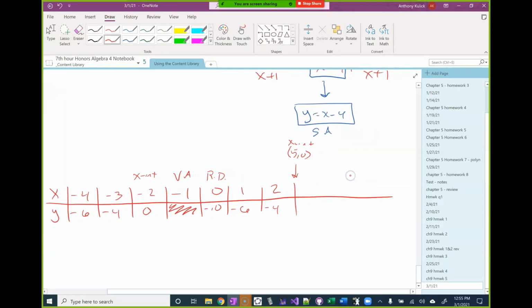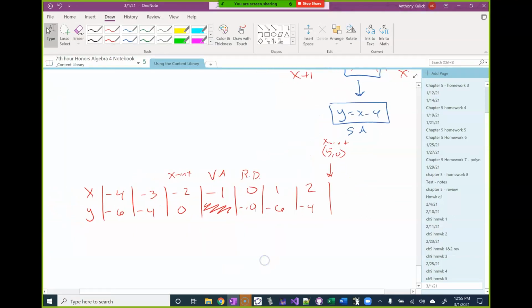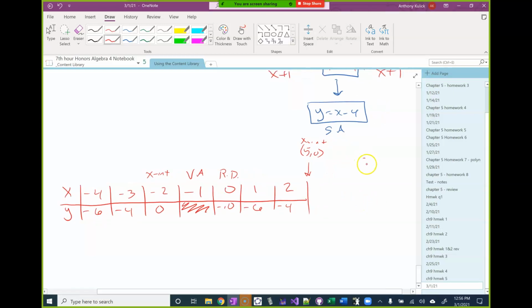But this is not the only XY table I need to make for this situation. What else do I need to graph? I also have to graph my slant asymptote, right? My slant asymptote is not a horizontal or vertical line, so I need to have some points to create it.